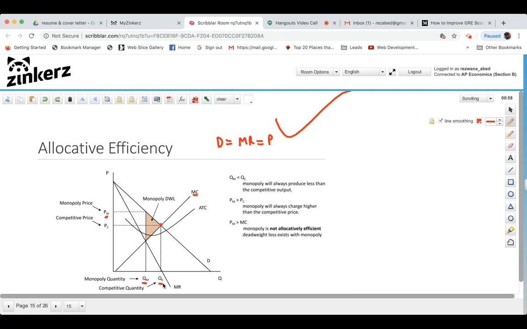So QC is the quantity that perfect competition will produce, and the price that they're going to charge is right here, where it's the same level. So this is the output they're going to produce, and this is the price that they're going to charge.